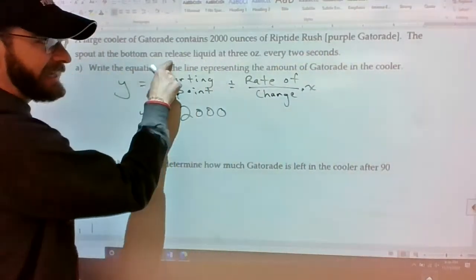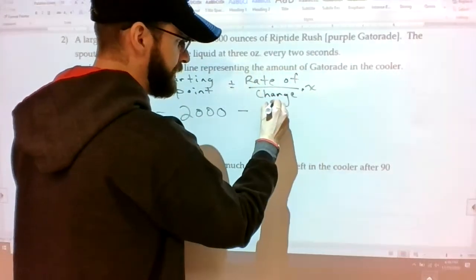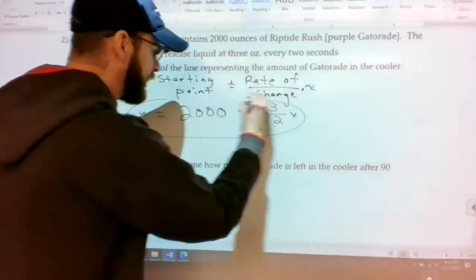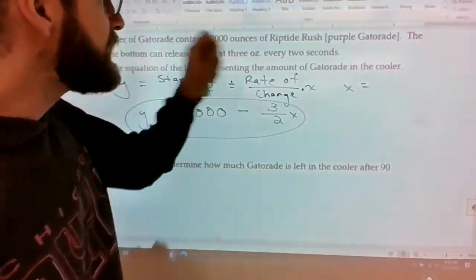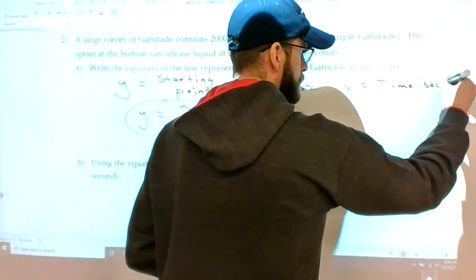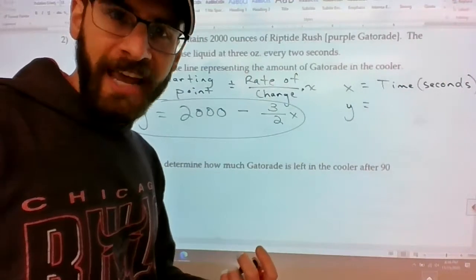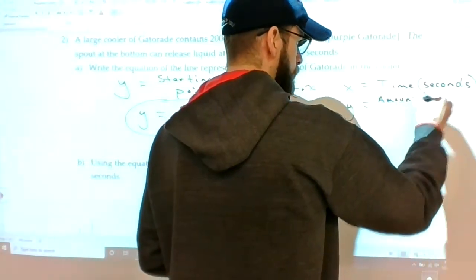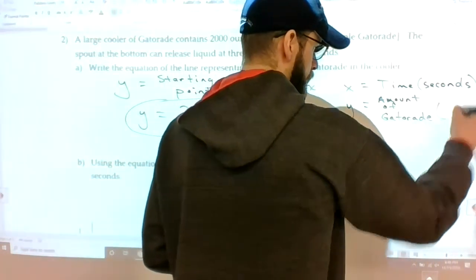It's releasing liquid, which means we keep the minus. 3 ounces every 2 seconds would be 3 ounces over 2 times x. There's our initial equation where x is equal to seconds in time and y represents amount of Gatorade in the cooler. In terms of ounces.